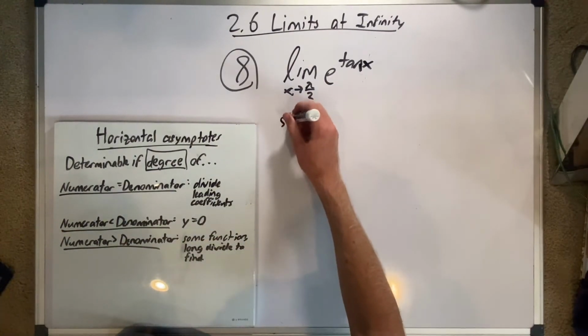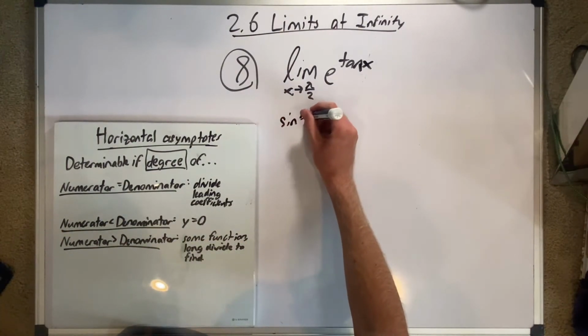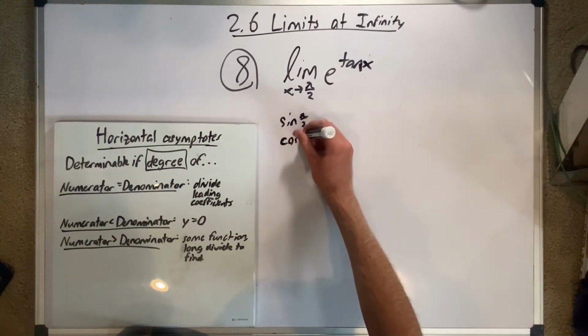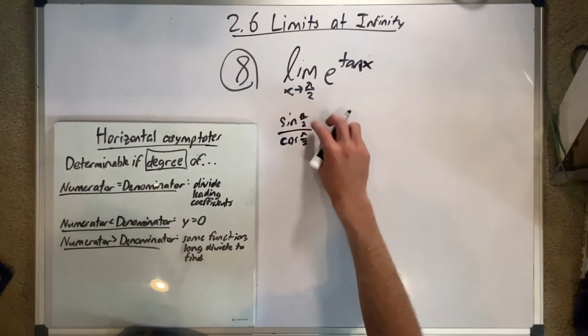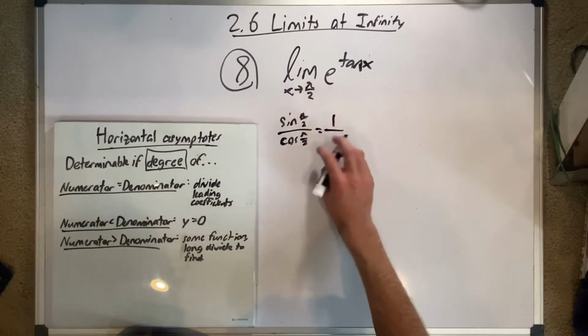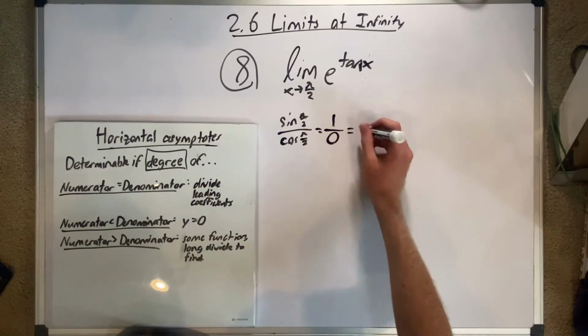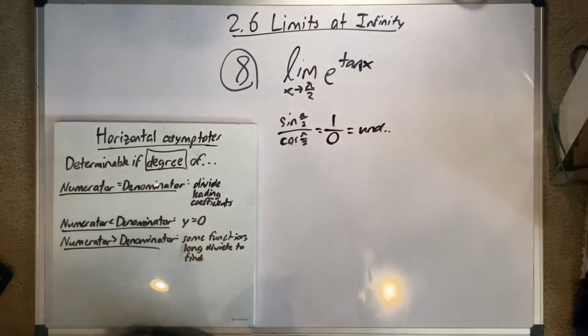Well, if you don't memorize it, you can just say sine pi over 2 over cosine pi over 2 is equal to tan pi over 2. So sine pi over 2 is 1, cosine pi over 2 is 0. So this is undefined. So if that's undefined, then how does it change as you get infinitely close to pi over 2?